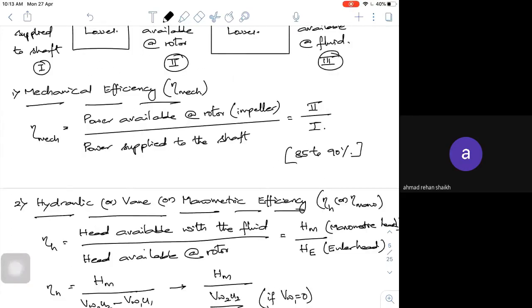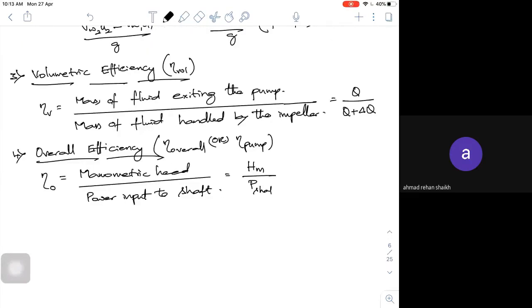I can call that P for the shaft. So what will be this number?